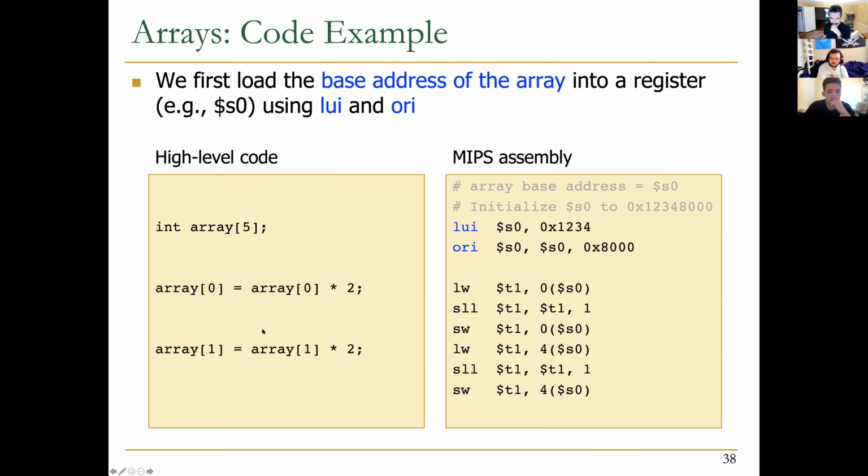Again, we load the second element. Now we know that, and this is important when you write a program, we are addressing the second element, and that's why you see 4 here. Make sure that you understand and you write it correctly.